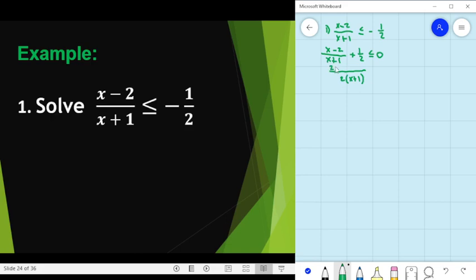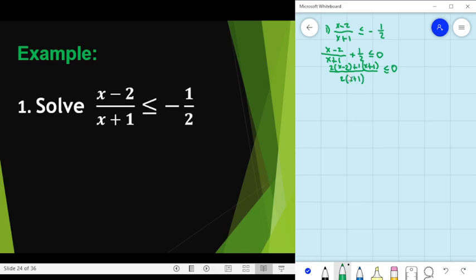What will be left is 2 to be multiplied by x minus 2. Plus this LCD divided by 2. What remains would be x plus 1. So you multiply 1 by x plus 1. Less than or equal to 0.